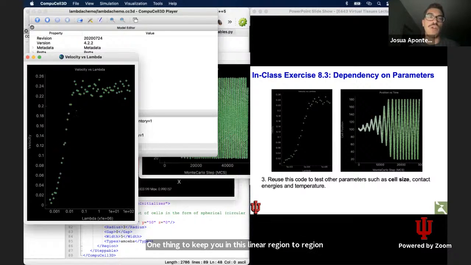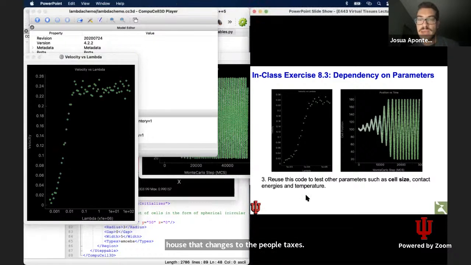And then instead of changing Lambda chemotaxis, you can change other parameters like the target volume of the cell and see how that changes the chemotaxis.